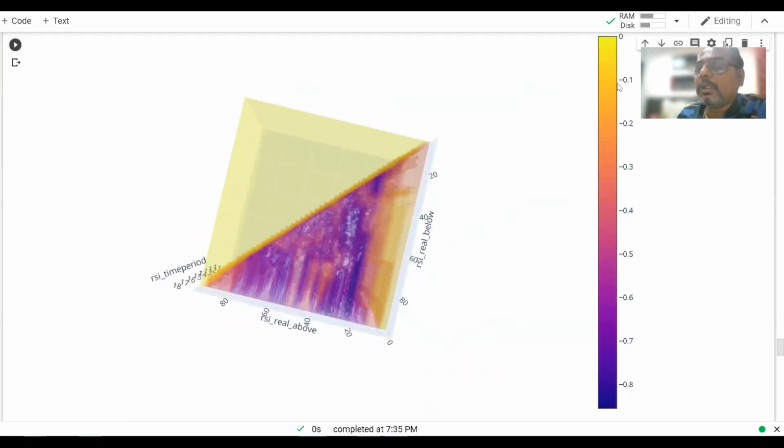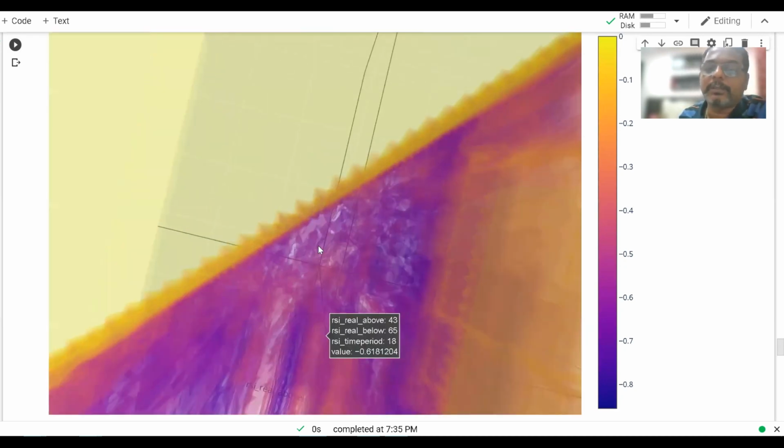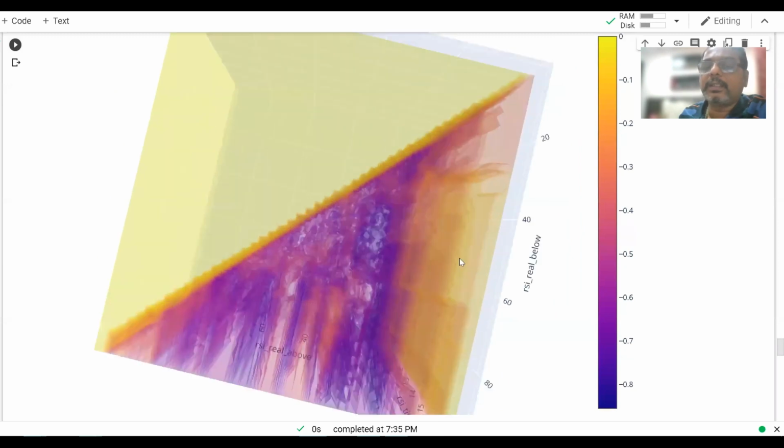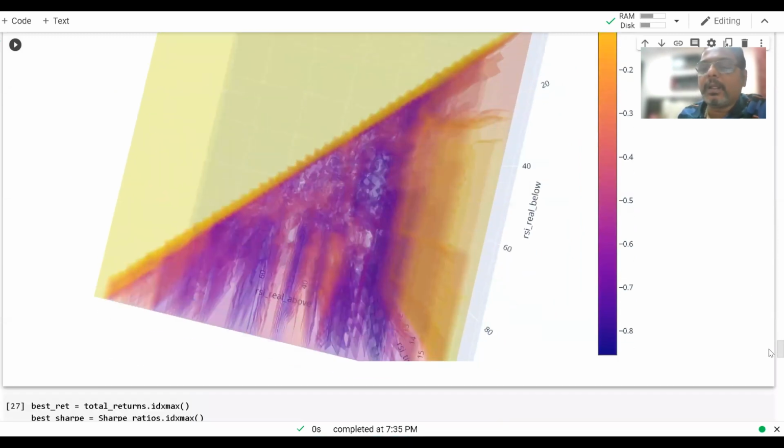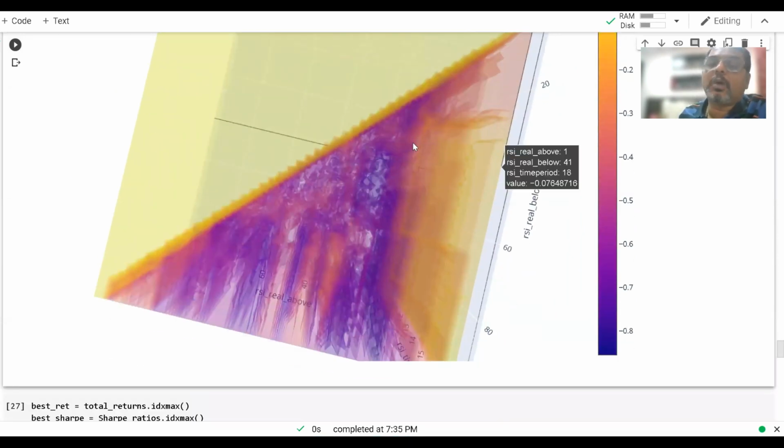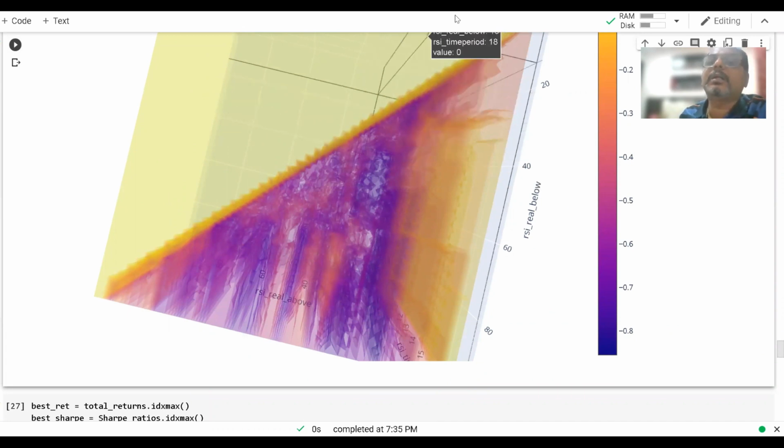The zero or less max drawdown is bright, which is good, and the darker one is worse, probably not so nice. If you look at this max drawdown story, you would observe a very similar situation to what we saw in the case of Sharpe ratio.